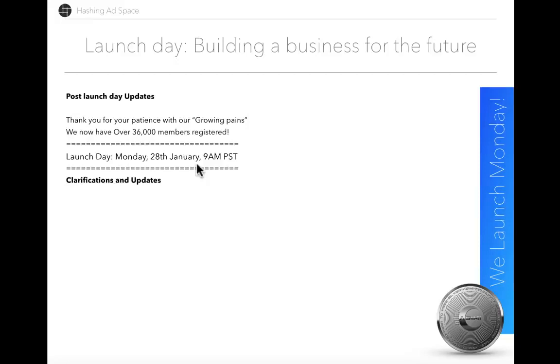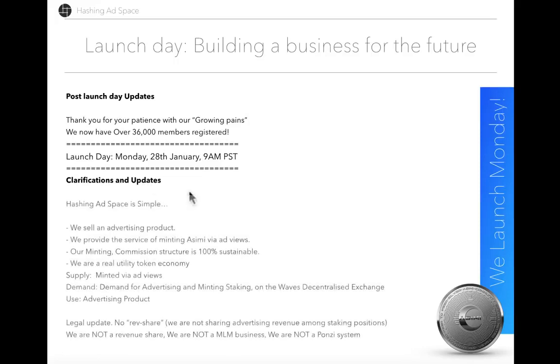The whole minting component of it is very exciting and it will become very real on that day moving forward. And then, of course, we have our massive advertising promotions so that anybody who is here ready to promote their business can ramp up their traffic as a result of that increased minting as well. So in this video, we're going to go through some clarifications and a couple of updates.